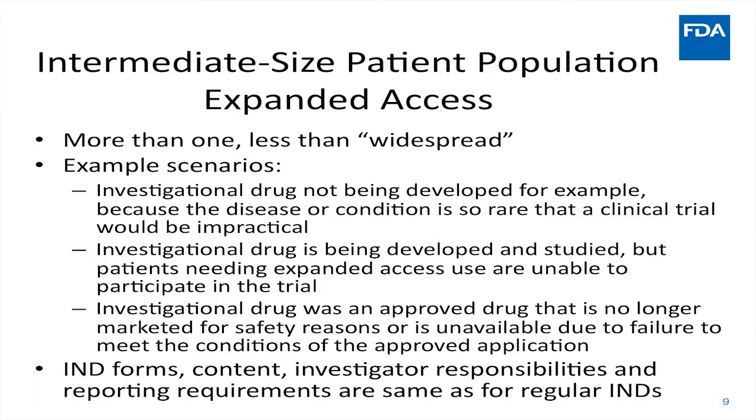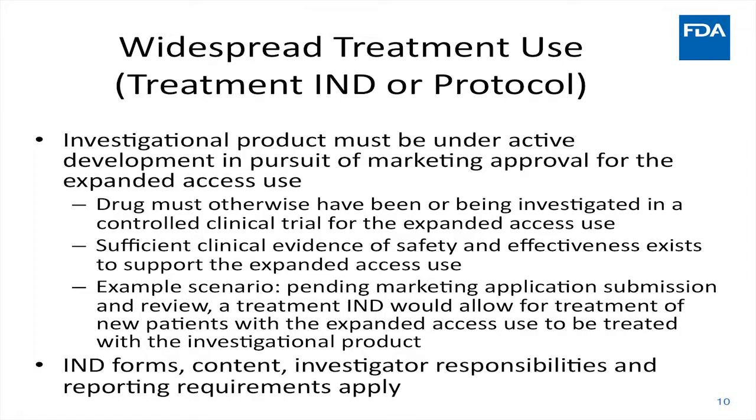And then also if the investigational drug was an approved drug that is no longer marketed for safety reasons or is unavailable due to failure to meet the conditions of the approved application. So as you can see, all of these mean that the expanded access use doesn't have to stop when the drug is approved. It just has to be not interfering with drug development for that product. And again, the IND requirements apply.